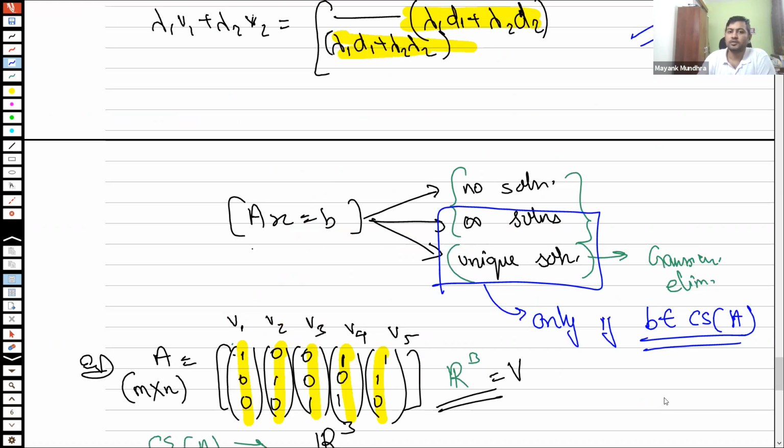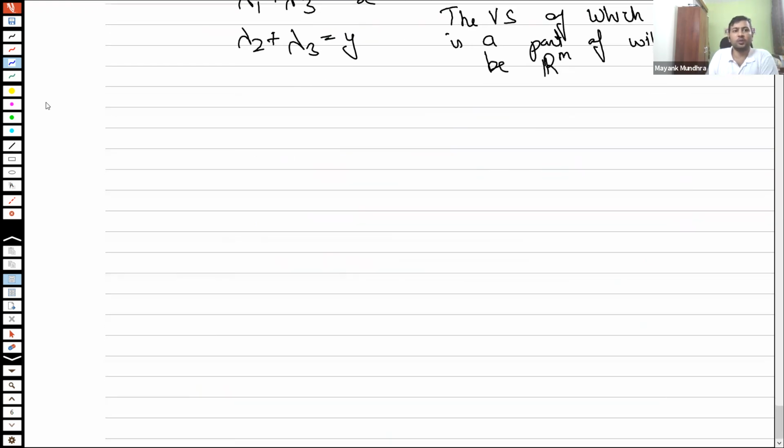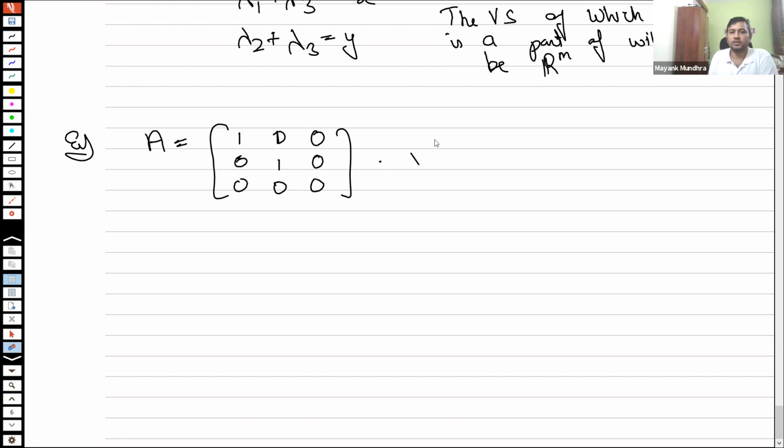Okay. So to give a quick example here, suppose your matrix A is [1, 0, 0; 0, 1, 0; 0, 0, 0]. Then for which B vector does Ax equal to B have no solution?